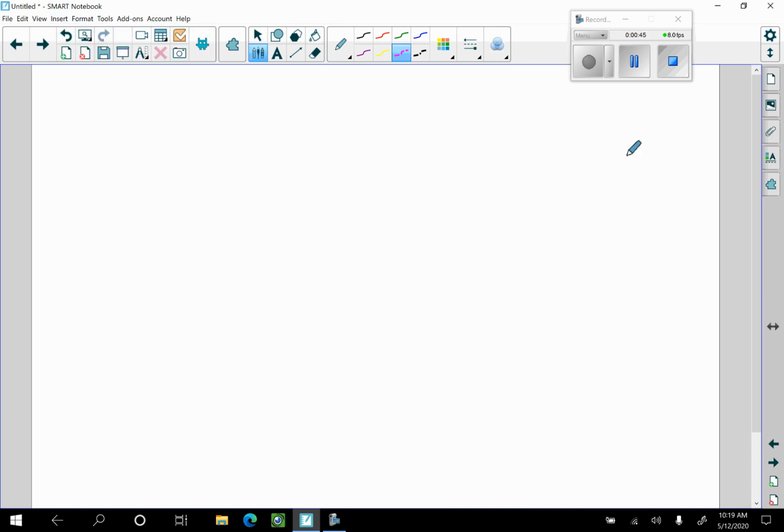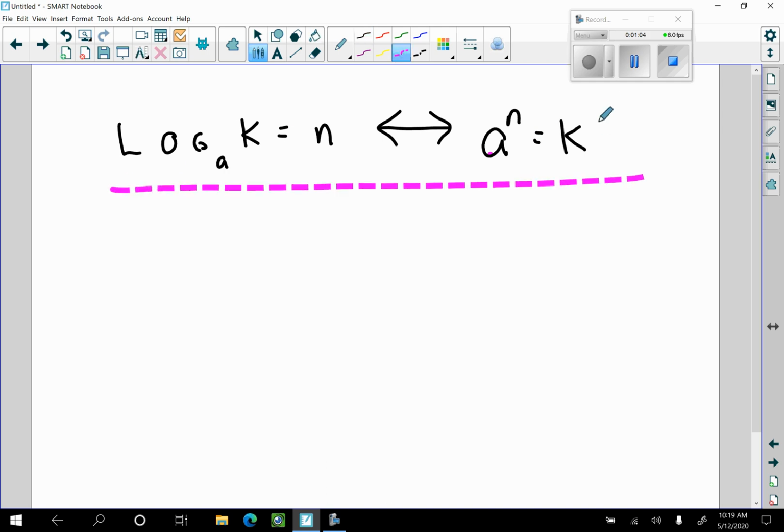Okay? Before we get to important properties about logarithms, let's just review what a logarithm is. Here's what we know about a logarithm. Log base a of k is equal to n if and only if a to the n is equal to k. So a logarithm is just an easy way to write an exponential.